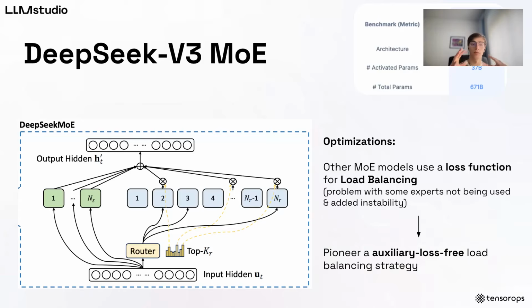So it's very hard to balance training when you do this mixture of experts architecture. It's one of the biggest drawbacks. But they actually pioneered a loss-free load balancing strategy, as they call it, which allows the router to be much simpler, save much more on computation, and allow for more balance, or rather stability. Yeah, I think stability is the perfect word.